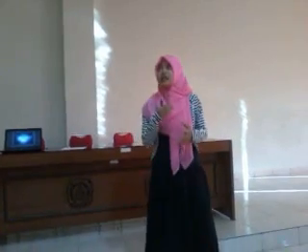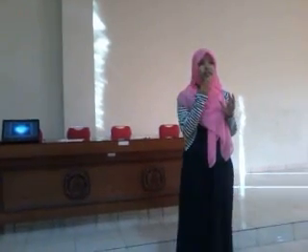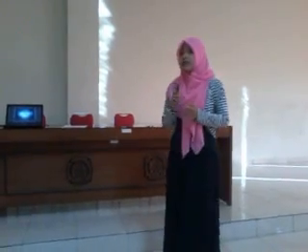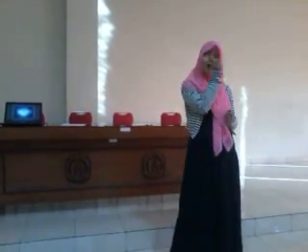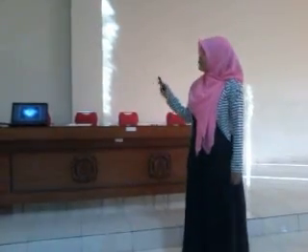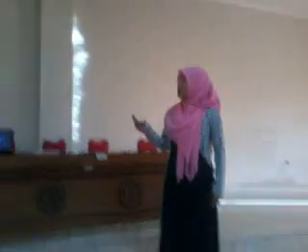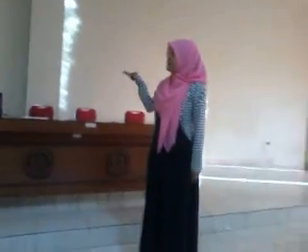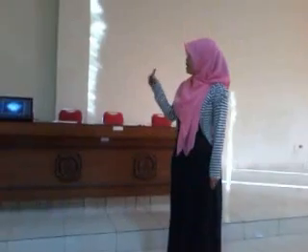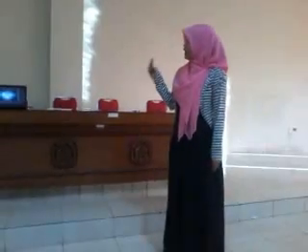Actually, after we insert the apostrophe, we add the letter S. But take note for nouns in plural form. For example, these are our players. We don't need to add S at the back because if it is plural, we just add the apostrophe after the noun. These are the players' sticks.